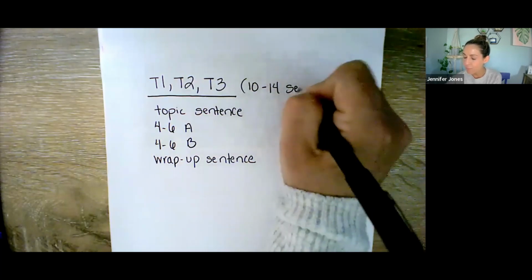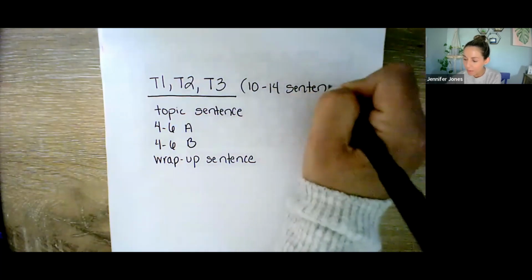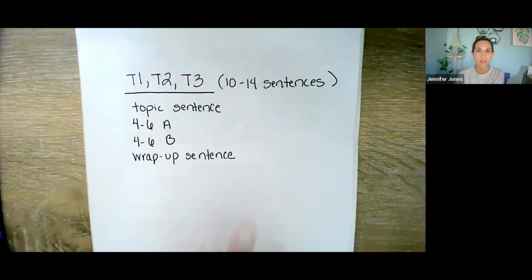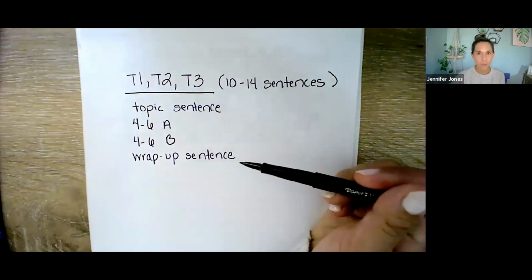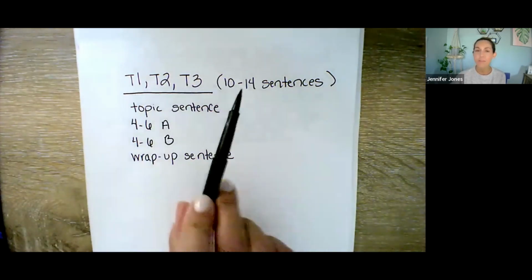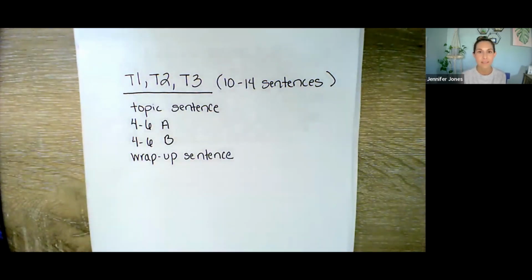So every middle paragraph is going to be approximately 10 to 14 sentences in length. That's a lot of writing, isn't it? Don't worry, I'm going to teach you how to write these paragraphs 1 sentence at a time. So we'll learn together. Right now, what we need to remember is that this is the structure of a middle paragraph, and our goal is to make each middle paragraph 10 to 14 sentences in length.